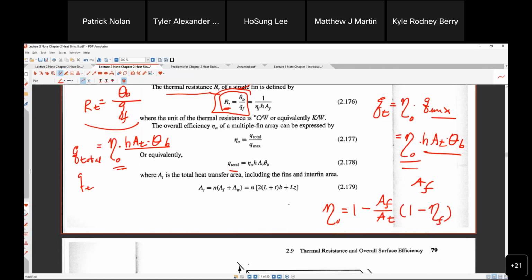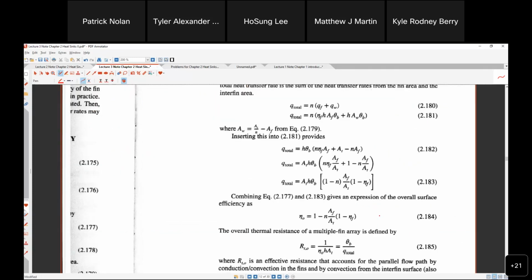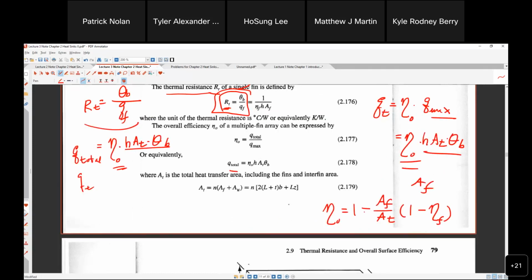I think so. Yeah, look at that. You can look at the detail, but finally, overall is 1 minus... N, I'm sorry.